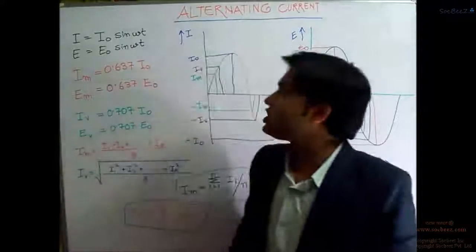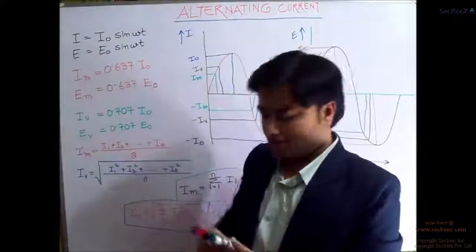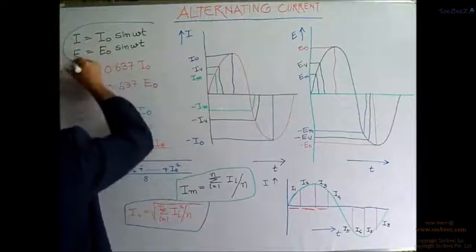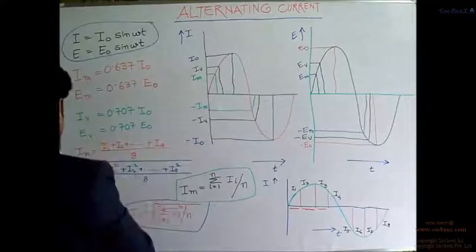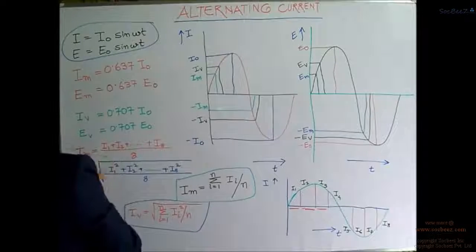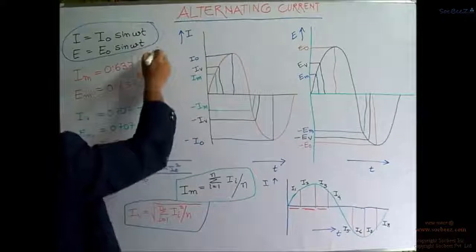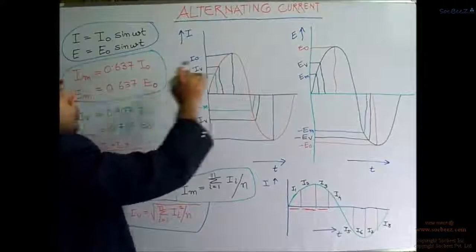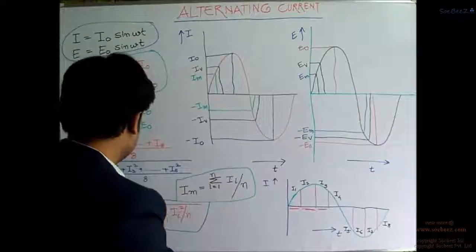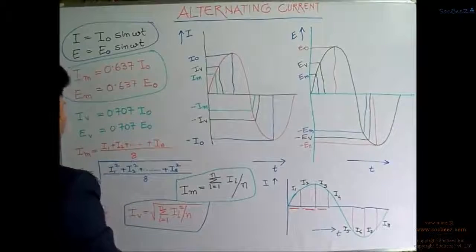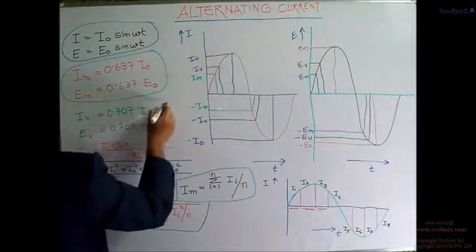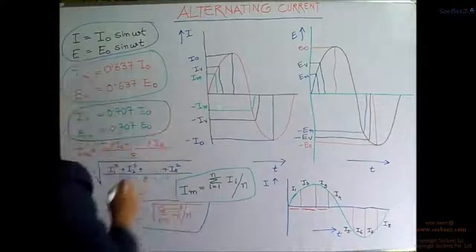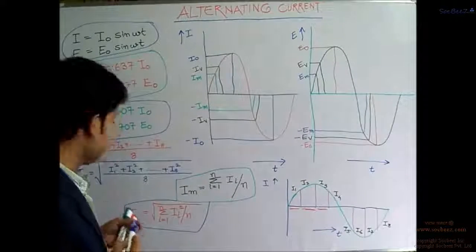So we have understood the equation of this I and E. After that, we have understood the relationship between the peak value and the mean value, and the relationship of the RMS value with the peak value, right?